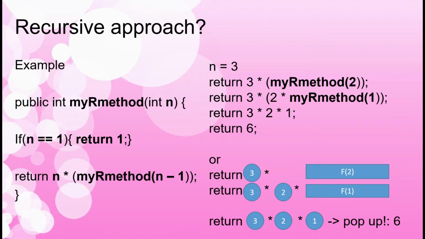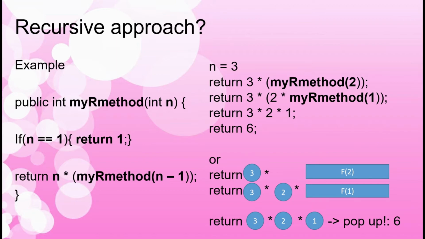Or you can think of it like a stack, exactly what I told you. Let's say we have the same example here. So you have n equals 3. So with the first recursive iteration, you return 3 multiplied by your method n minus 1, which is 2.